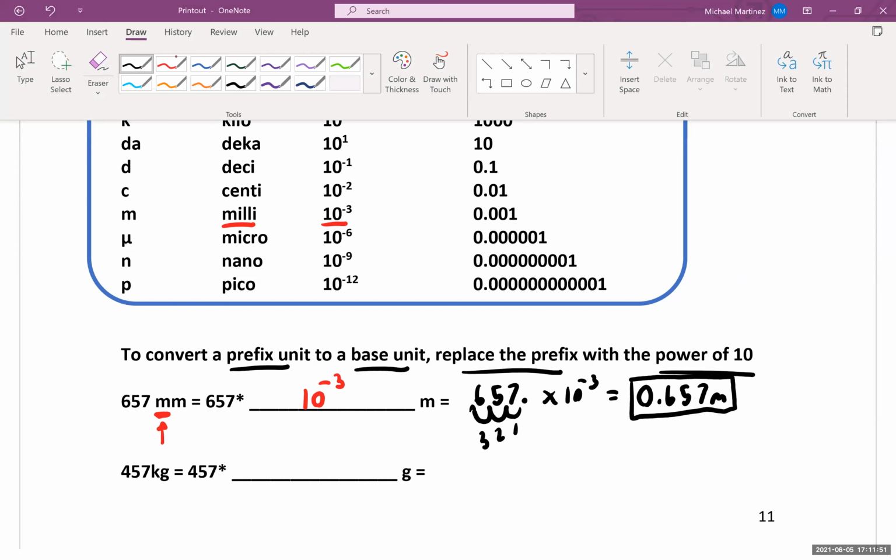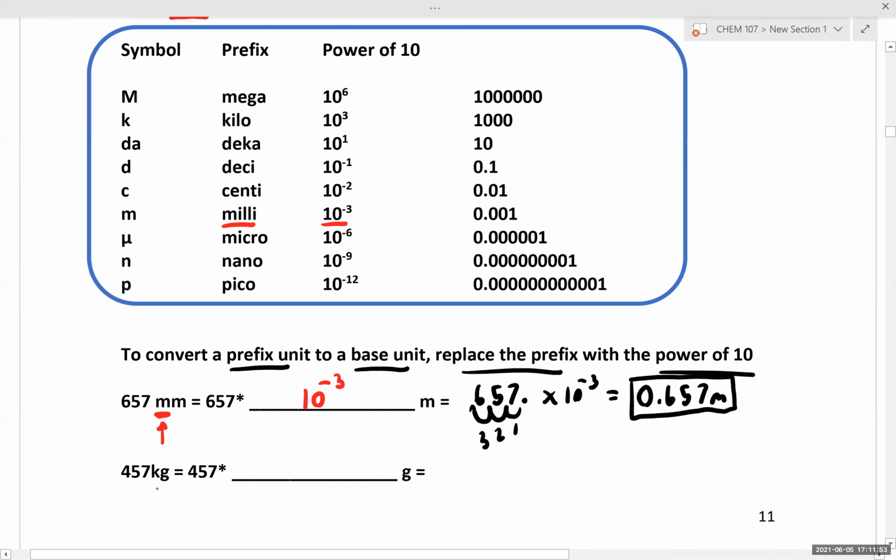Let's do another example. If we have 457 kilograms and we want to convert that into grams, we can easily go from this prefix unit to the base unit by replacing our prefix with the corresponding power of 10. Kilo corresponds to 10 to the third. So we know 457 kilograms are equal to 457 times 10 to the third grams.